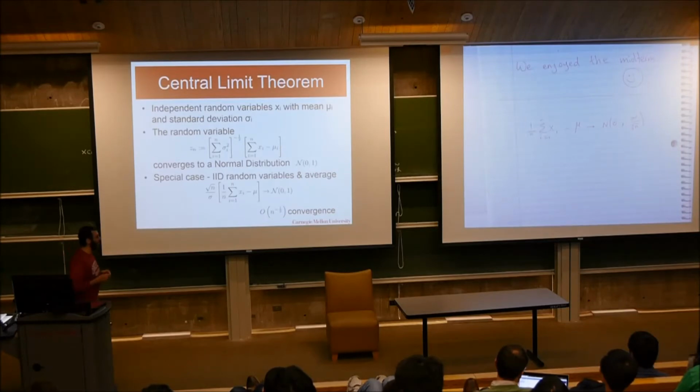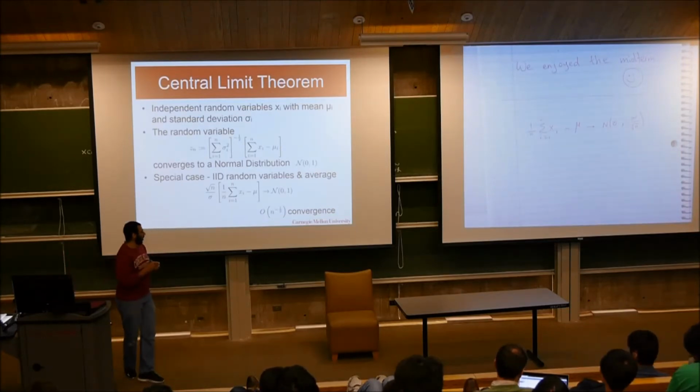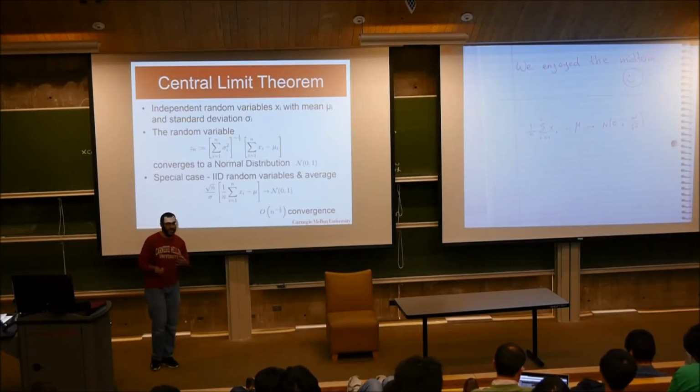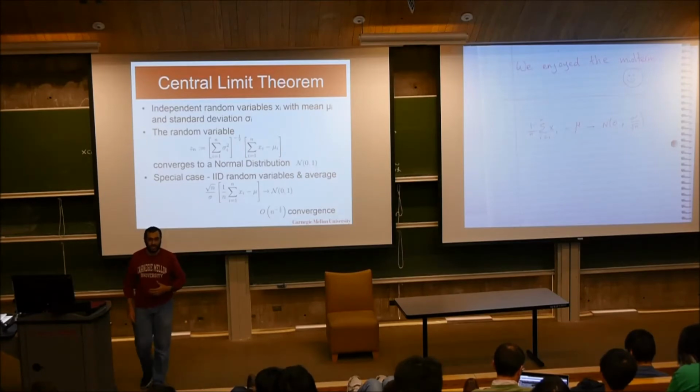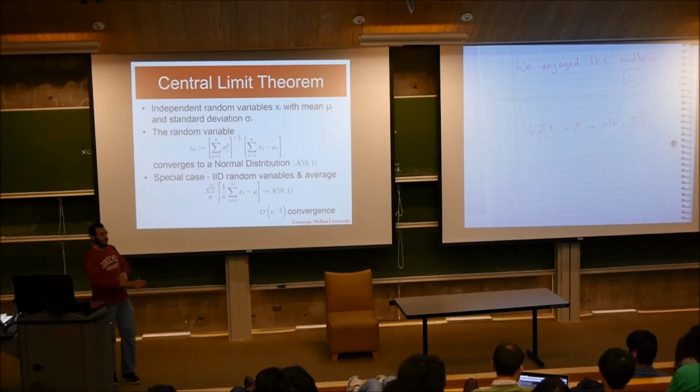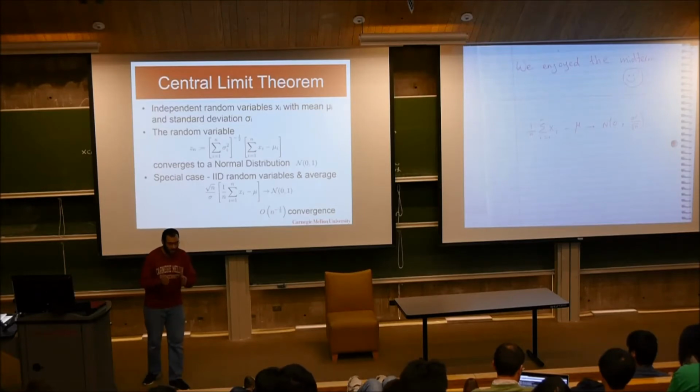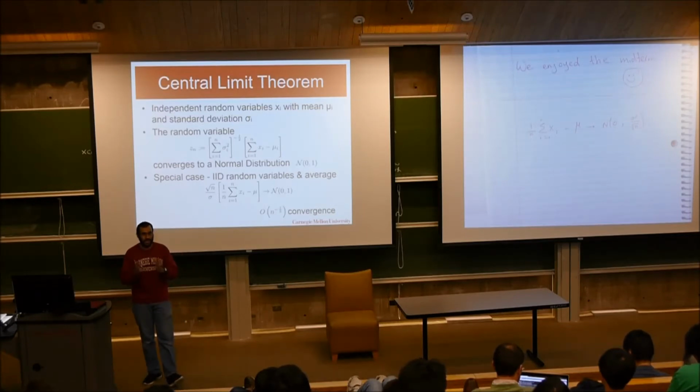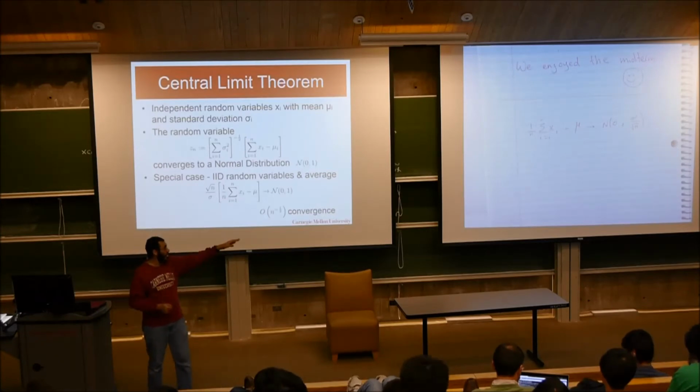It's an informal way because we are talking about things happening as n goes to infinity, and so we don't want the right-hand side to contain n. But it illustrates the idea that your error is getting narrower and narrower, because as n increases, the variance becomes less and less.